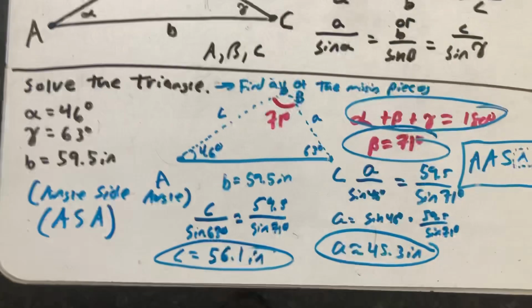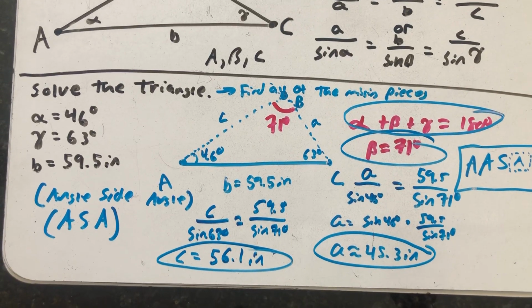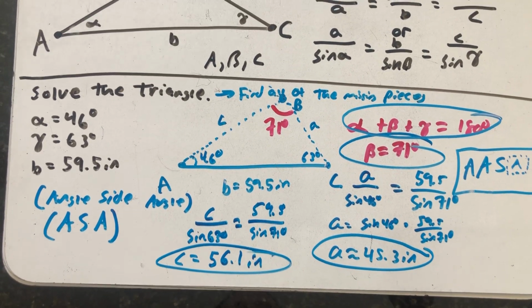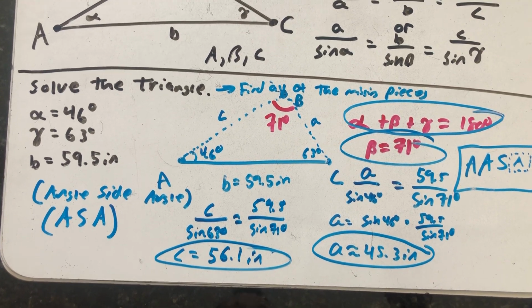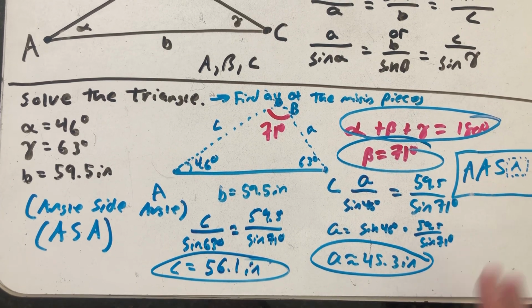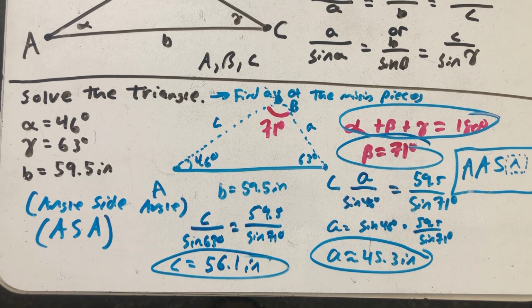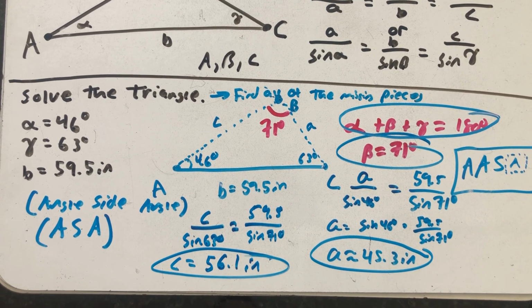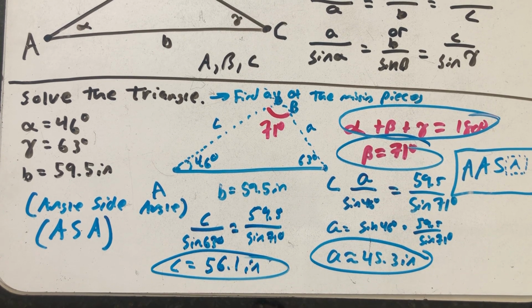Because anytime you know two angles in a triangle, you get the third one for free. In the next video, I'm going to solve one of these where we have an angle-angle-side instead of an angle-side-angle, and we'll find out that case is exactly the same.